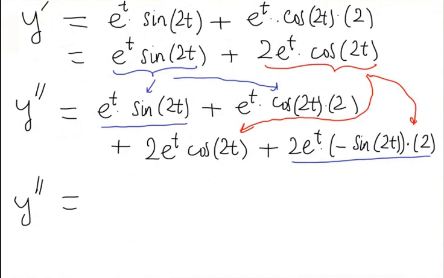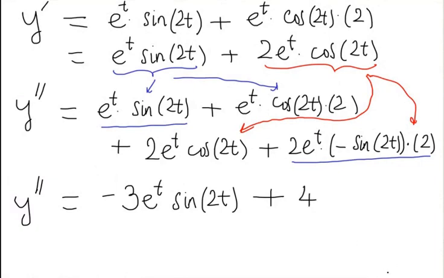Together we have negative 3 e to the t sine 2t. And for e to the t cosine 2t, right here we have twice. Over here we also have twice, so together we have 4 times e to the t cosine of 2t.